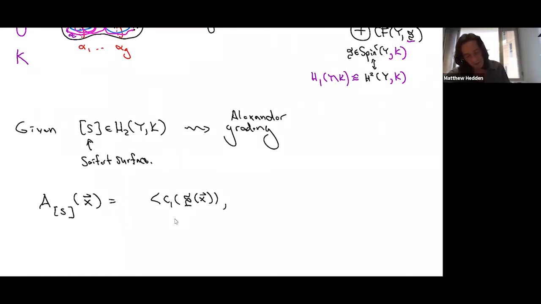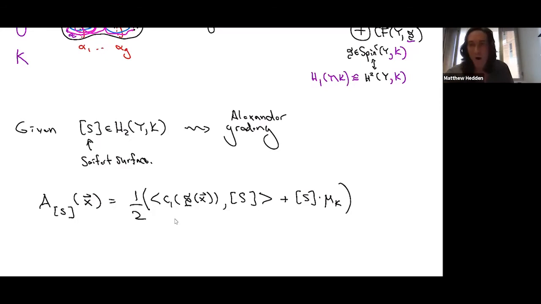That's a relative cohomology class. And I can evaluate this on the relative homology class of the Seifert surface that I've chosen. And then so that I get an integer, I add to this the intersection of the Seifert surface with the meridian of the knot. Okay, so that's 1 for the moment. So this is now some integer, once I divide by 2.